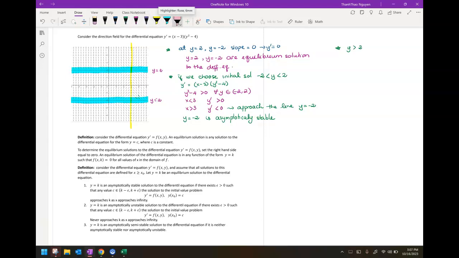When y is greater than 2, as x approaches infinity, as you can see, the slope approaches infinity. This means that we have an asymptotically unstable solution. Okay, so here I can say that y equals 2 is an unstable solution.